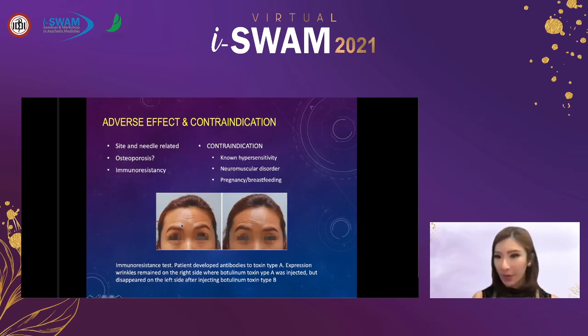For male patients, I will tell them that their natural eyebrow is not as highly arched as a female's. We do not want to make male patients look like female, we do not want to feminize their face. So for male patients, I will inject a more lateral part of the frontal area, because if we leave this part, the eyebrow is going to be lifted.